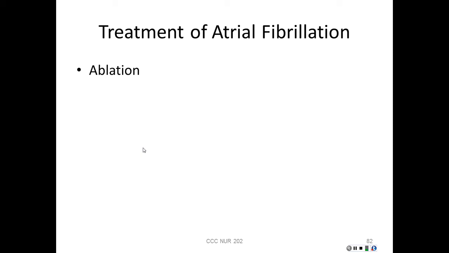There's two types of ablations. There's basically radio frequency, which is what's been used for several years. They map out to see where the impulses are coming from and then use radio frequency to burn that area. New technology is using freezing of those areas to make scar tissue and stop that electrical activity from coming across that scar tissue.